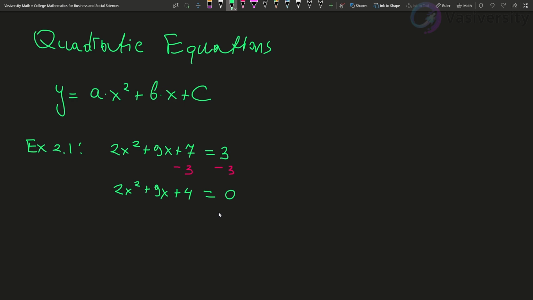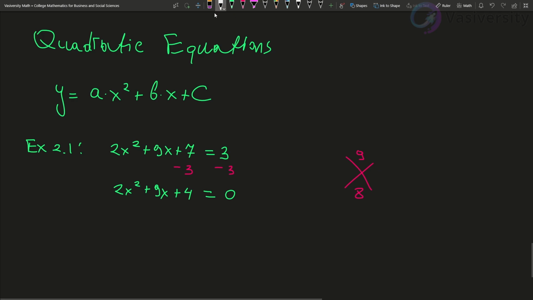But let's recall, a few lessons ago we learned about a cross method for quadratic equations. So now let's go ahead and actually do that. We know that if we add two numbers, we're going to get a 9, and if we multiply them, we're going to get an 8.